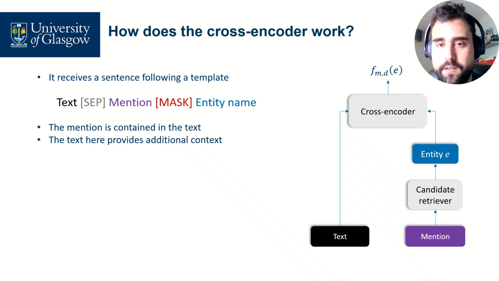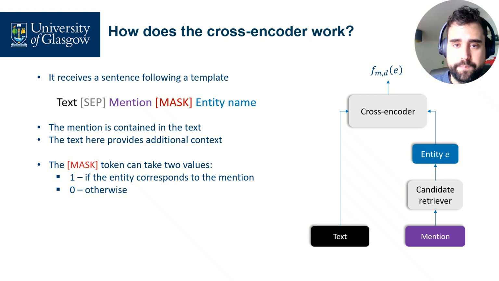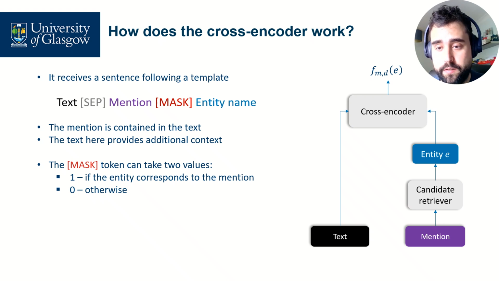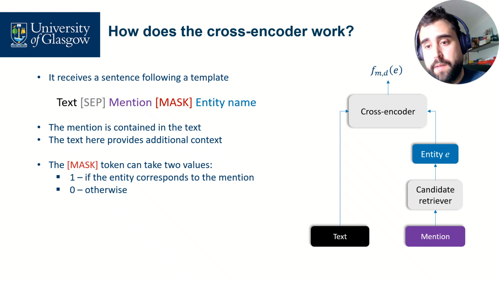This token can take two values: 1 if the entity corresponds to the mention, or 0 otherwise. The final score is just the probability of the mask token taking value 1, or in other words, of the entity matching the mention in the text.